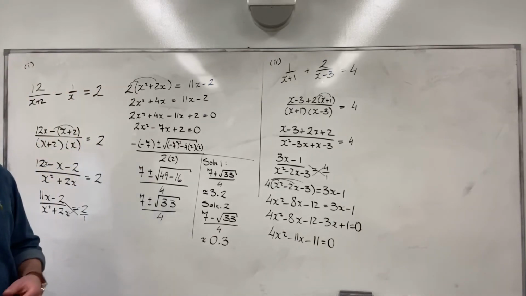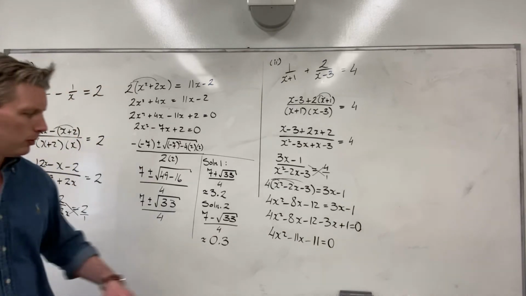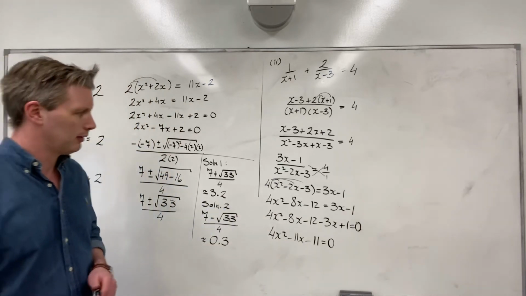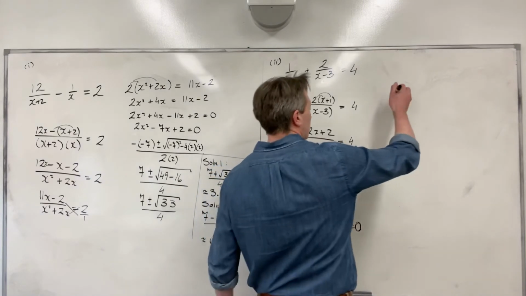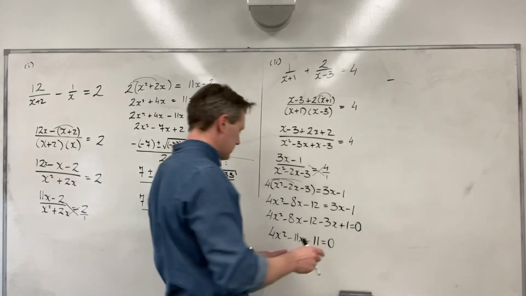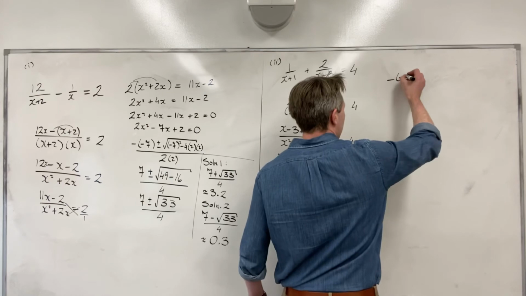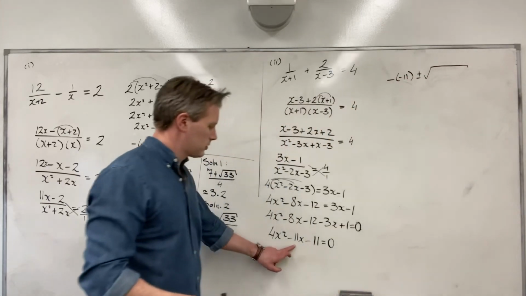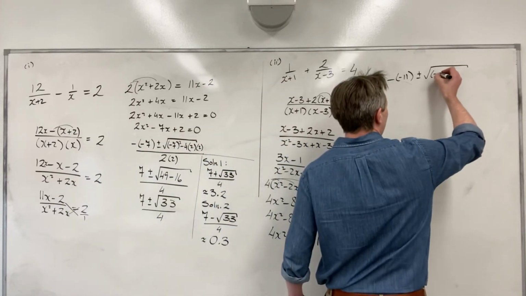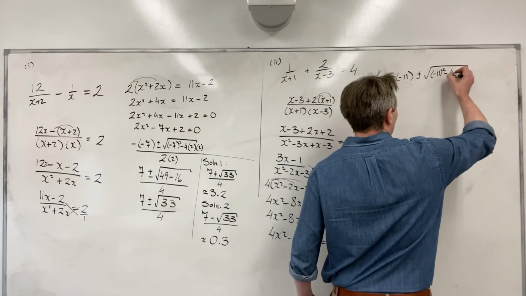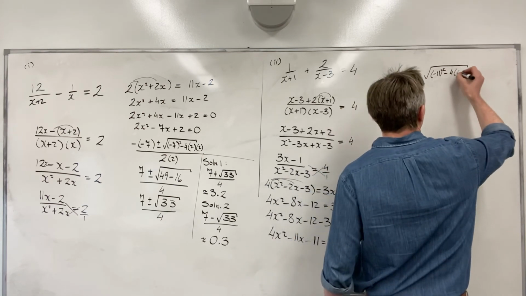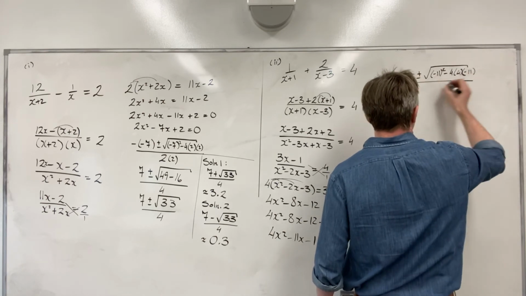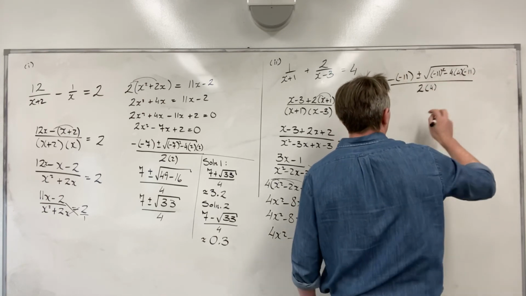All right, so now I have a quadratic trinomial. I'm in the form I want it. I just need to solve it using, again, the quadratic formula. This time my a is 4, my b is negative 11, and my c is also negative 11. So minus b will be minus negative 11, plus or minus the square root of b squared, which is negative 11 squared, minus 4 times a, which is 4, times c, which is negative 11, all over 2a, which is 2 times 4.